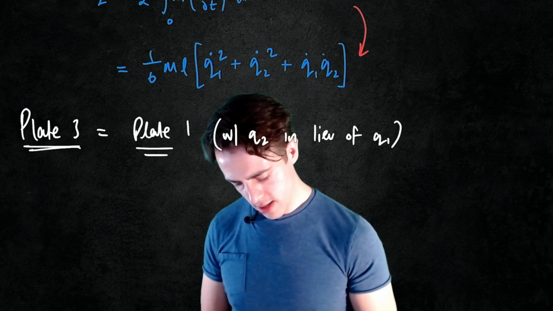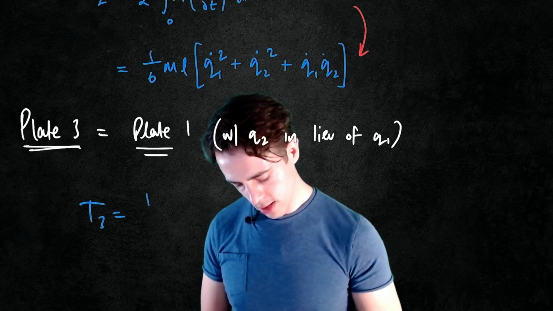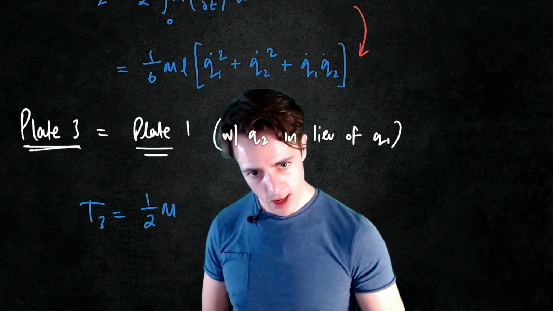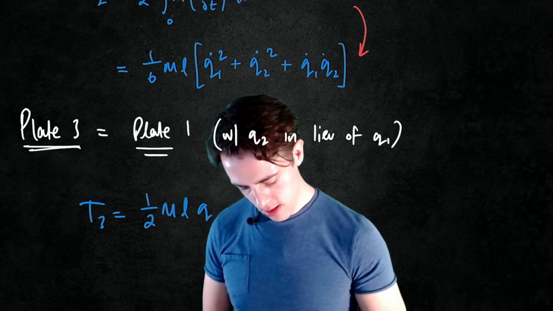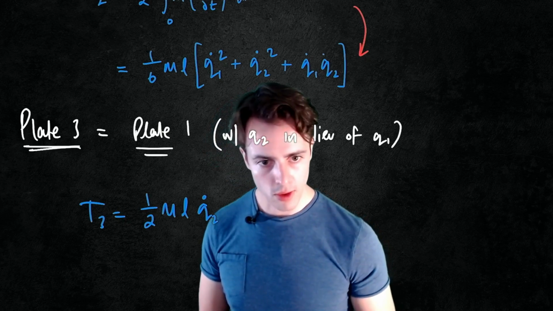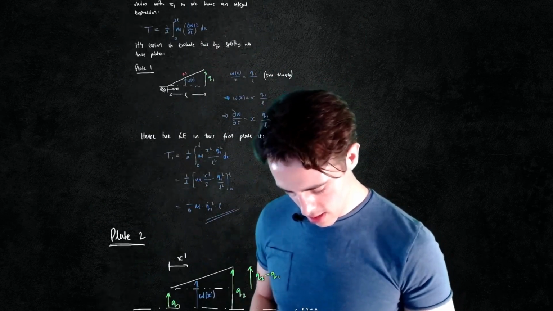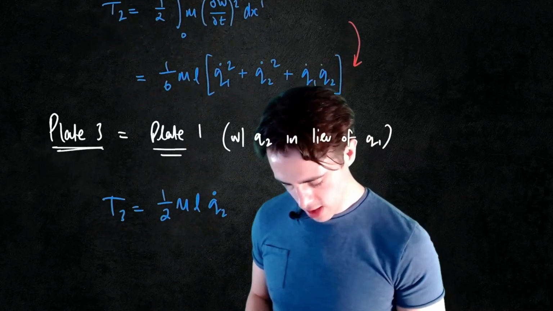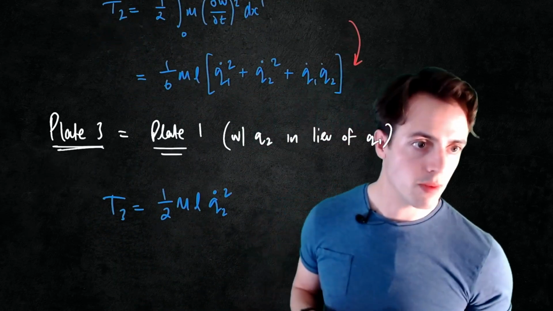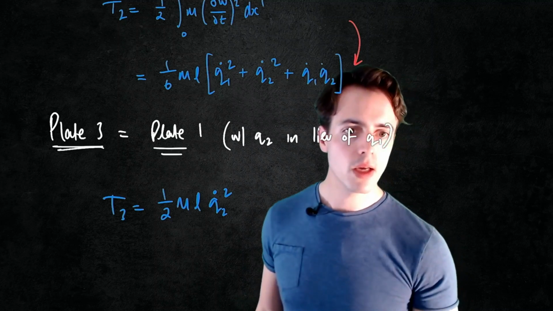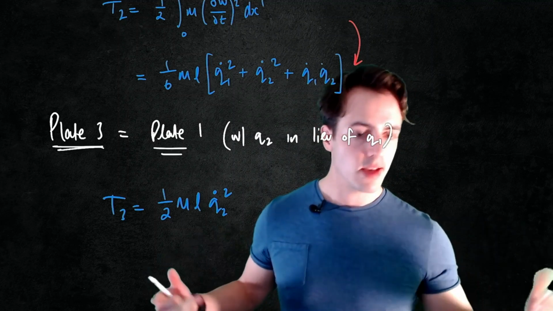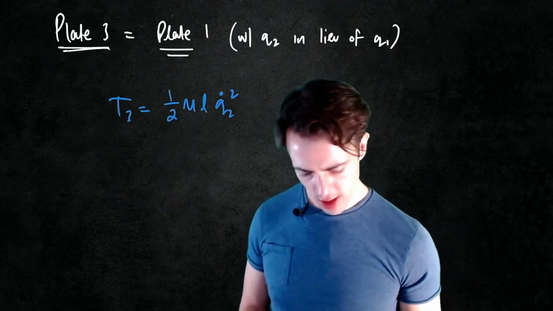So then we end up with T3 is equal to half ml Q2 dot. Let's check we've got everything here. That should be squared. I didn't have it squared in my crib notes, but it has to be squared. Okay, so we add all these things together for the total kinetic energy.